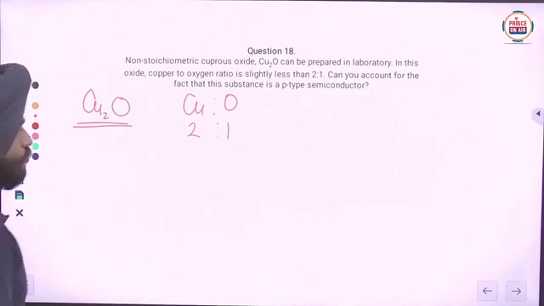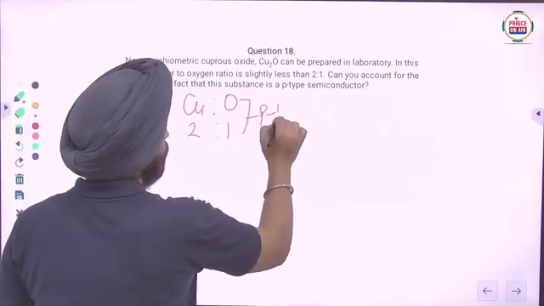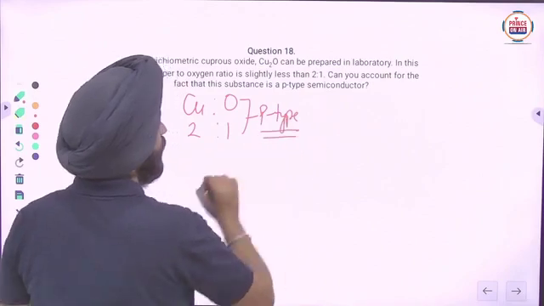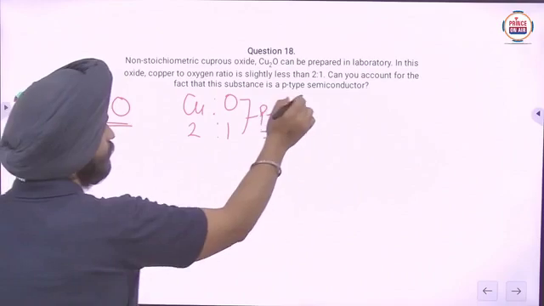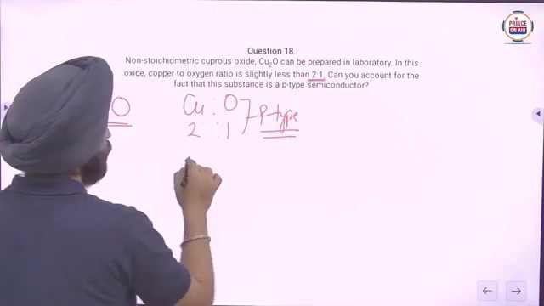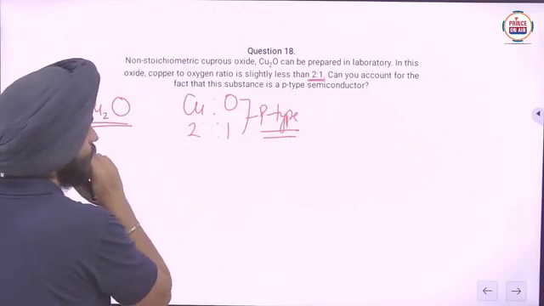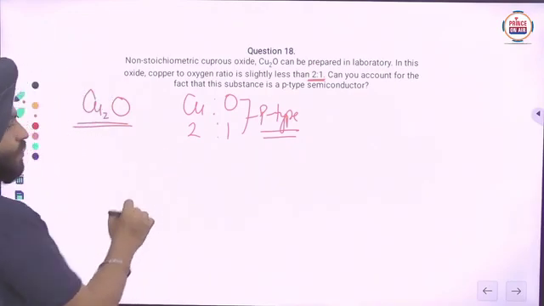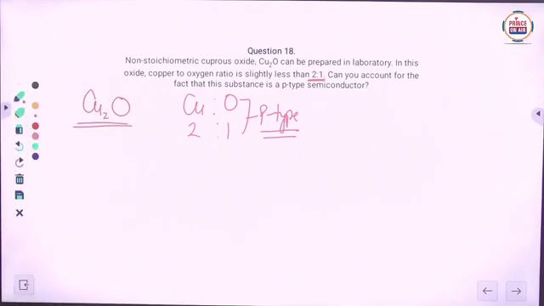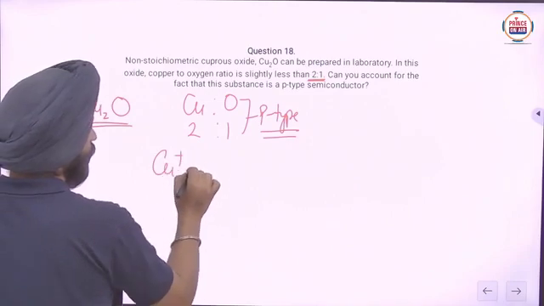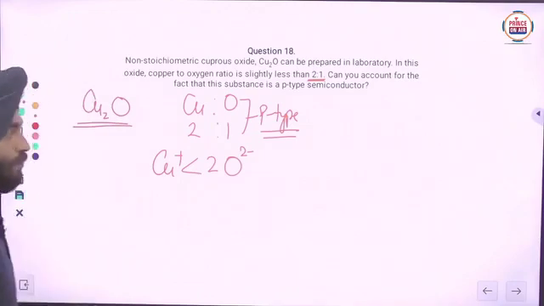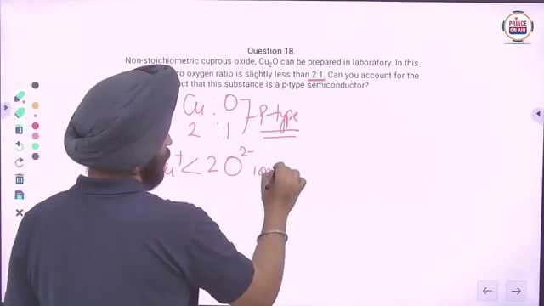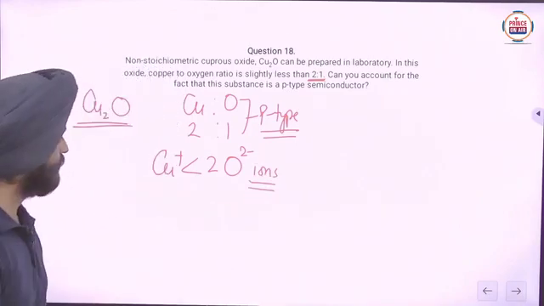Then it will show p type semiconductor. Okay, here what they are showing is that less than 2:1 means the copper ions are less than 2 times the oxide ions. Okay, clear? Is that clear now?